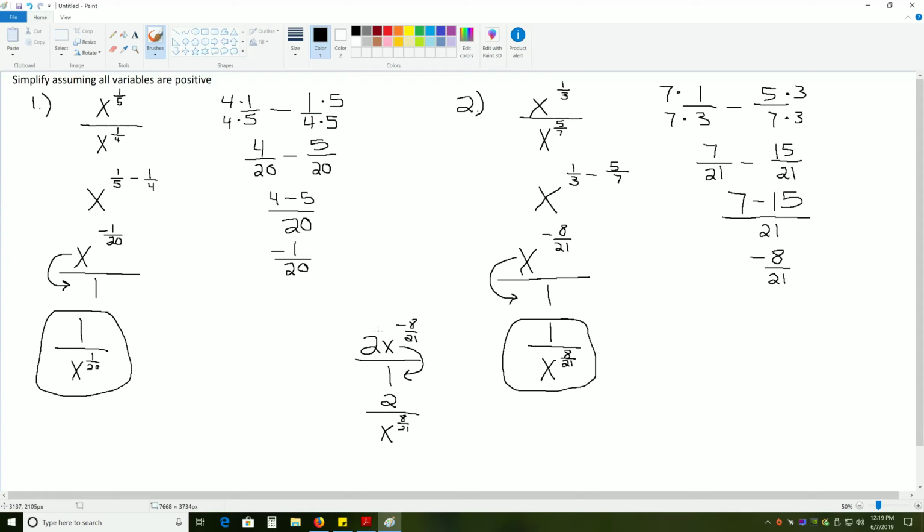So whatever number is being multiplied to your x in this case is the number that stays in the numerator. In both of the examples we did, there was a 1 being multiplied to each of our x values. Since there was nothing in front of them, there's technically a 1 there, which is why we were left with a 1 in the numerator of each of our final answers.